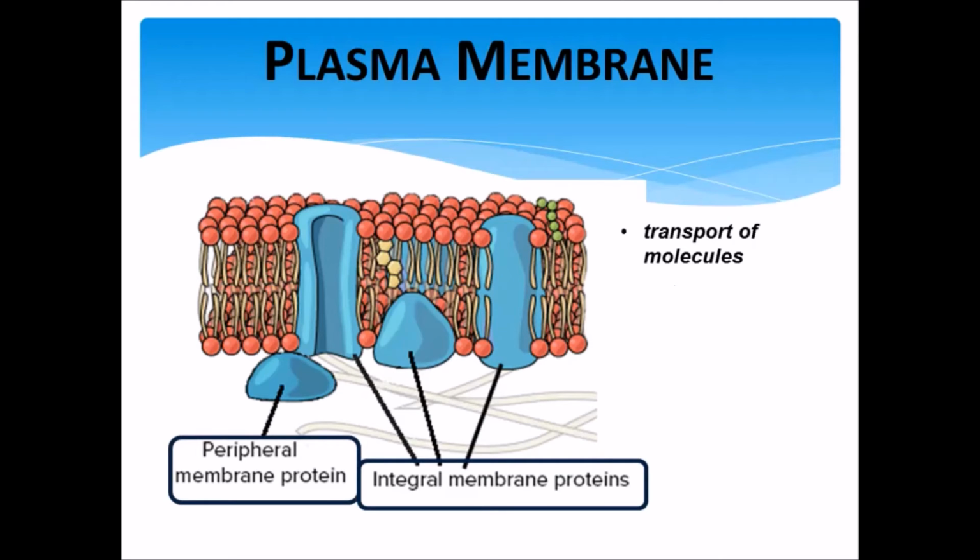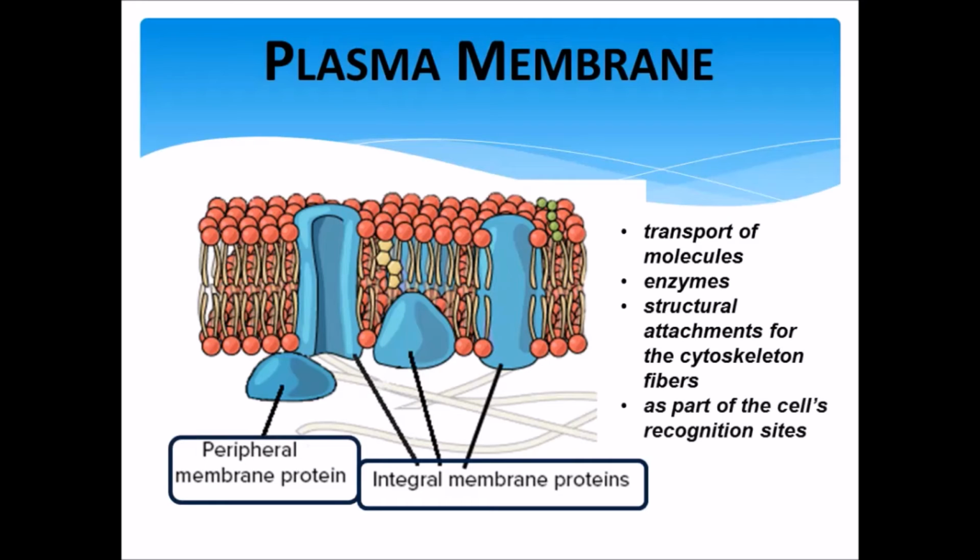Peripheral proteins are on the membrane's exterior and interior surfaces, attached either to integral proteins or to phospholipids. Peripheral proteins, along with integral proteins, may serve as enzymes, as structural attachments for the cytoskeleton's fibers, or as parts of the cell's recognition sites. The cell recognizes its own proteins and attacks foreign proteins associated with invasive pathogens.